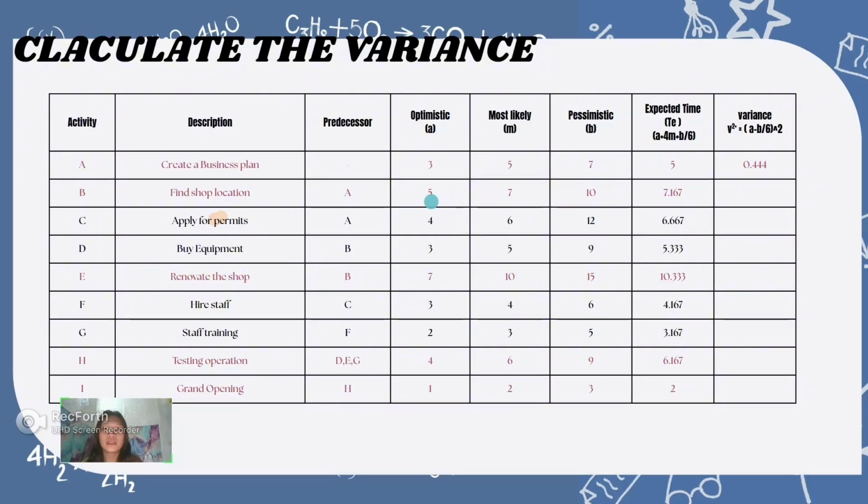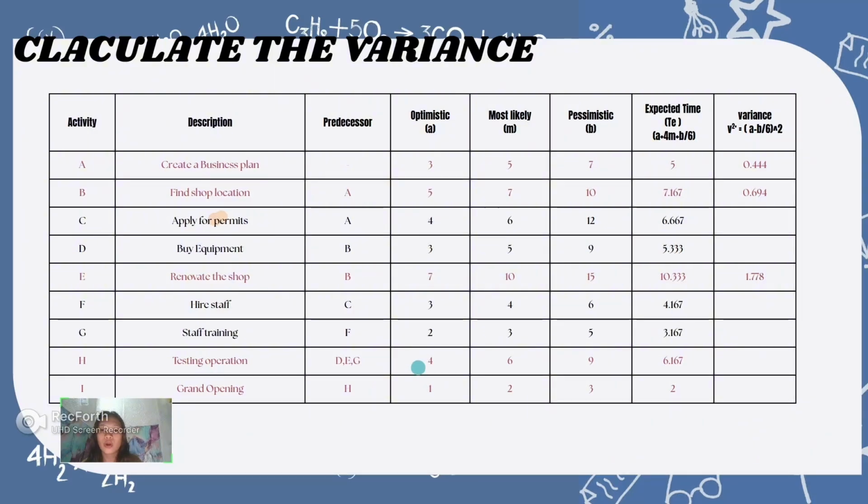And activity B is 10 minus 5 divided by 6 to the power of 2, equal to 0.694. And then activity E, which is 15 minus 7 divided by 6 to the power of 2, is equal to 1.778.